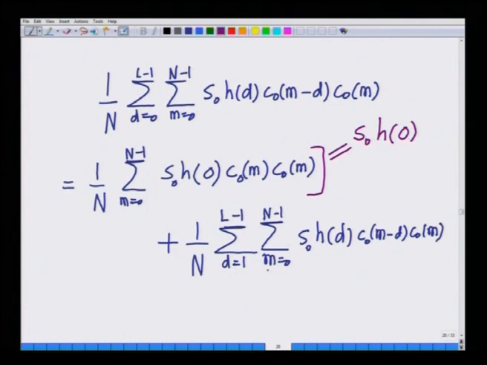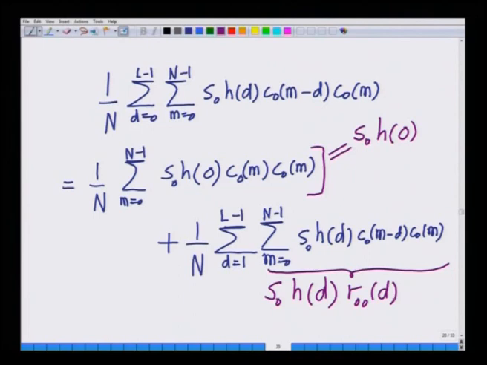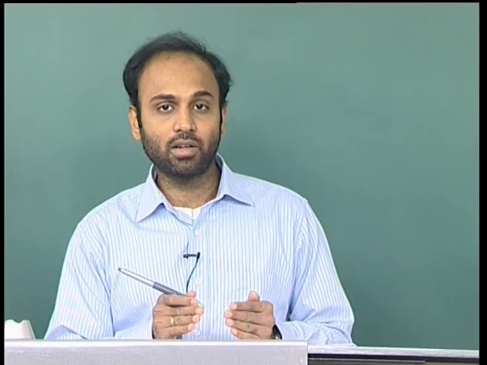Now, look at the term inside: this is S 0 h d times C 0 m minus d C 0 m, summation over m equals 0 to n minus 1. This is nothing but the self correlation R 0 0 with a lag of d. Hence, when I correlate with C 0 m at the receiver, the path 0 survives, which gives me S 0, the symbol transmitted by user 0, times the coefficient h of 0.